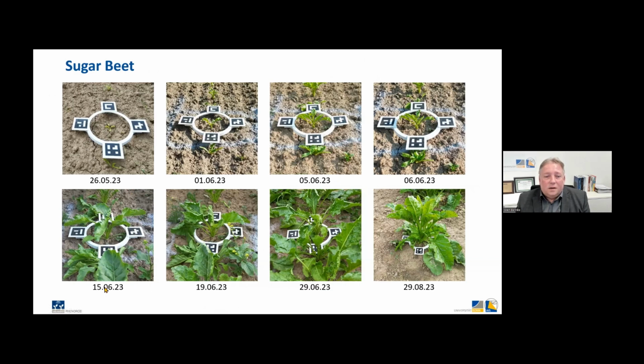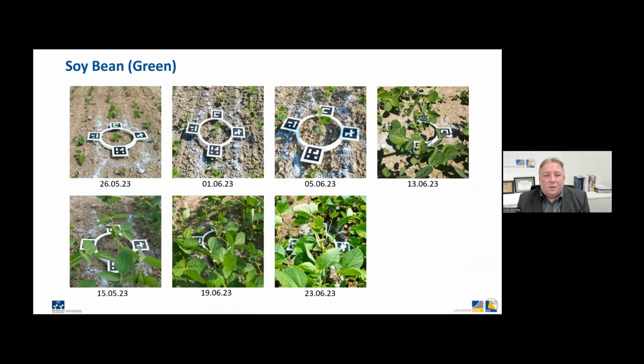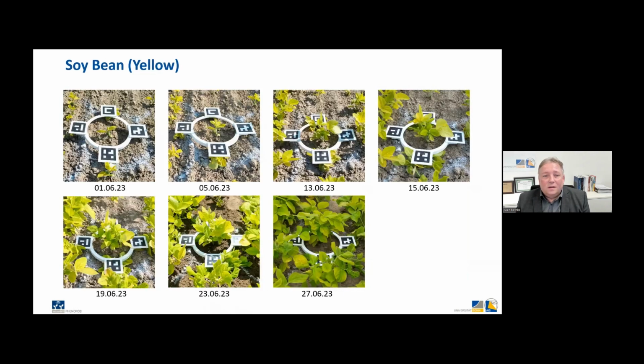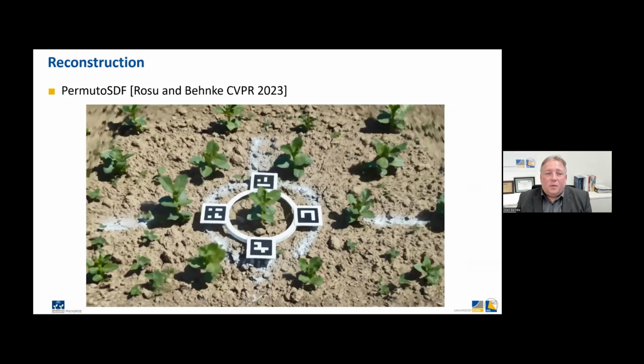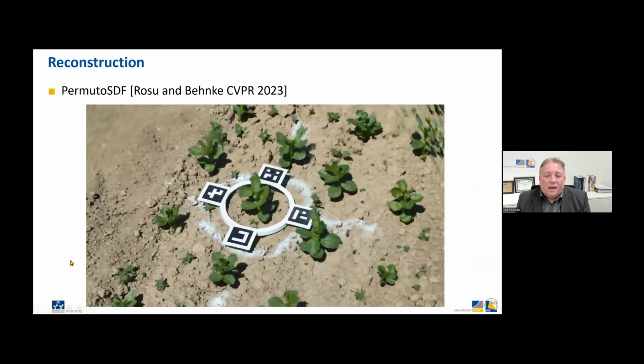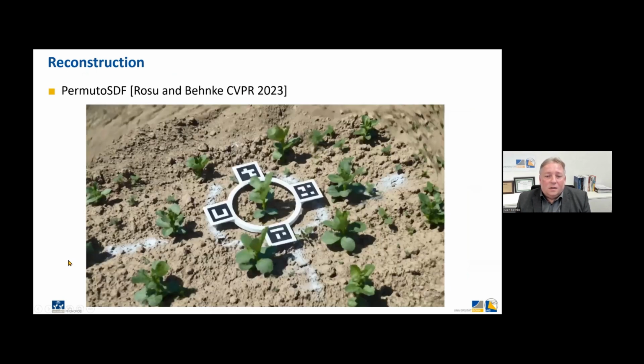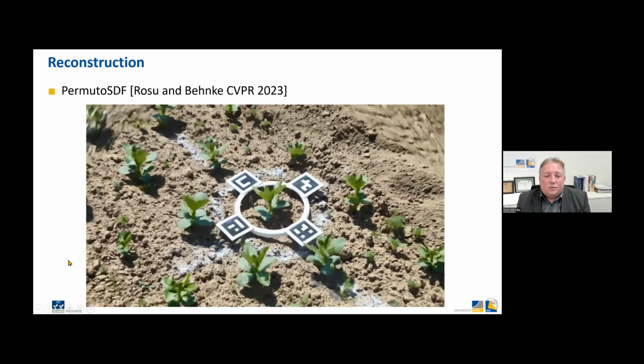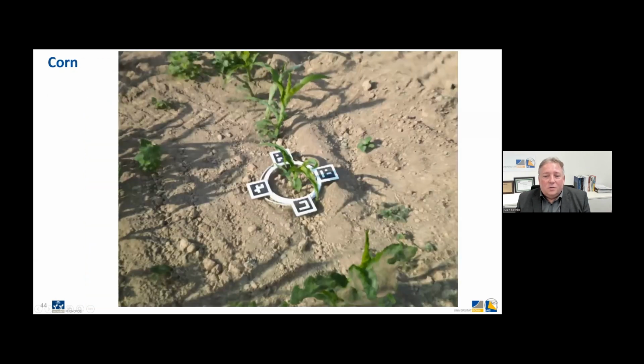Here are some of these images that have been captured this year from sugar beet at different points of the growth process, from soybean in different variants, from corn, from potato. And when we just apply this Permuto SDF method developed by Alex, this is what the reconstructed novel views look like. I think that is reasonable.